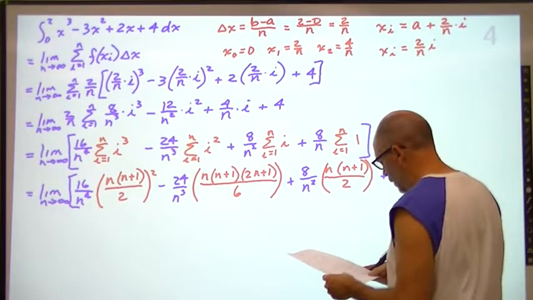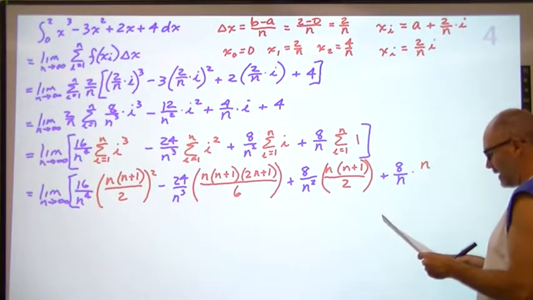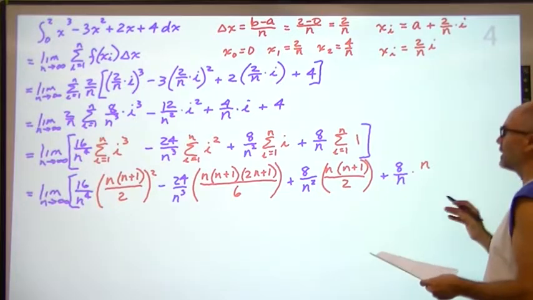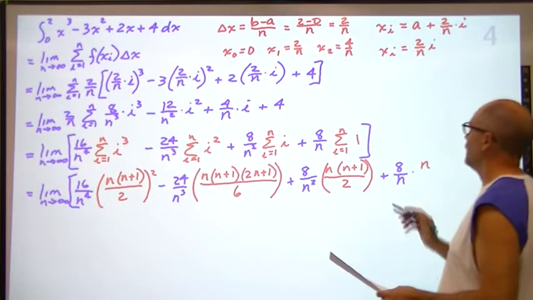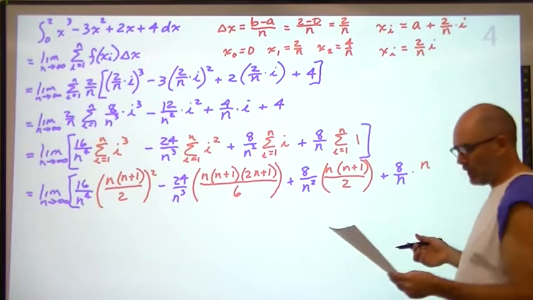Okay, so the final result then, what we're going to do is simplify all these red polynomials.